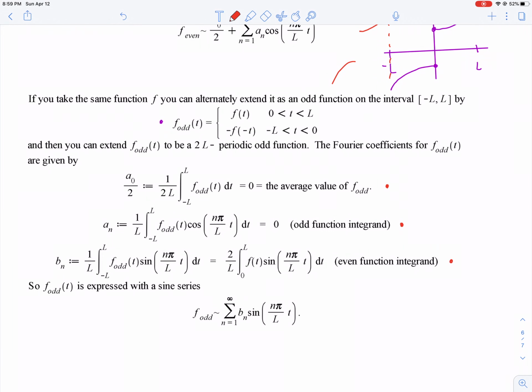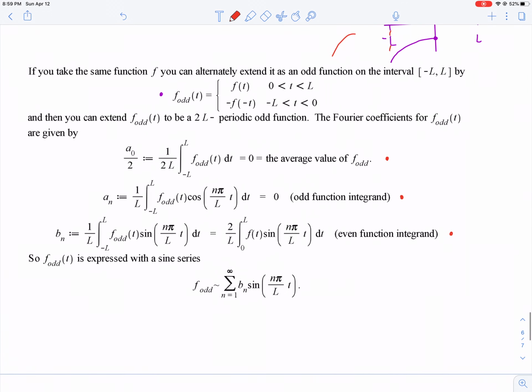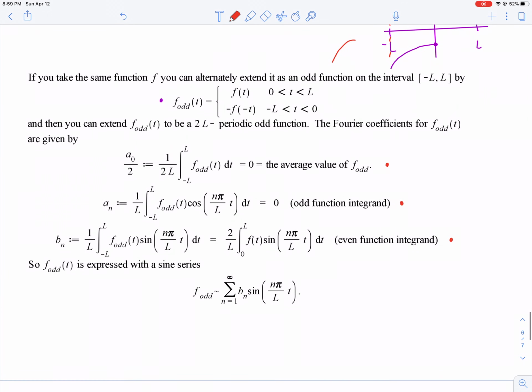And your sine coefficients would be 1 over L, integral from minus L to L, of f odd times sine of n pi over L t. And because the product of odd times odd is even, you could replace that with 2 over L times the integral from 0 to L. And the upshot is, if you do the odd extension, you get a sine series.